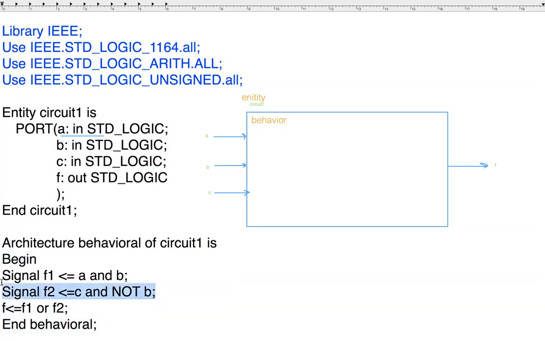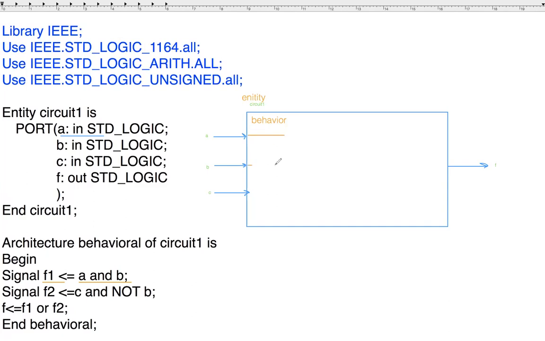You have to first declare the internal signals, and then you assign the output what it actually is. Let's draw it out. And for this inside, I'm going to do it in a different color here. So what we're going to see is I'm going to read off what I have here. A and B are going to be assigned to the internal signal F1.